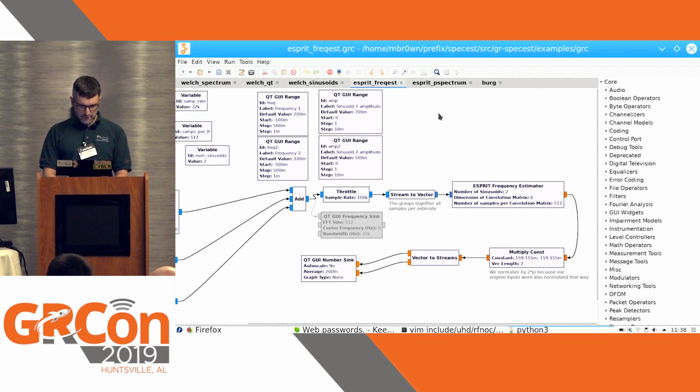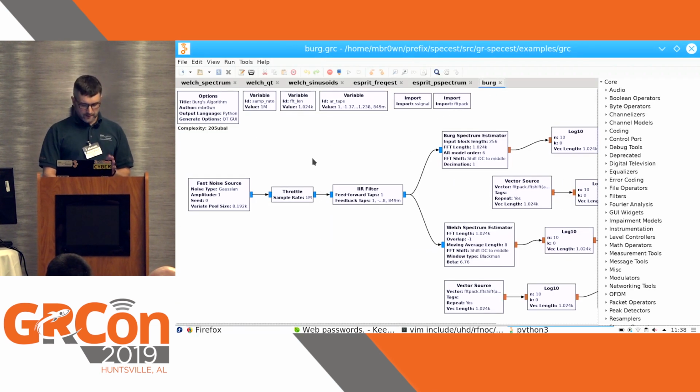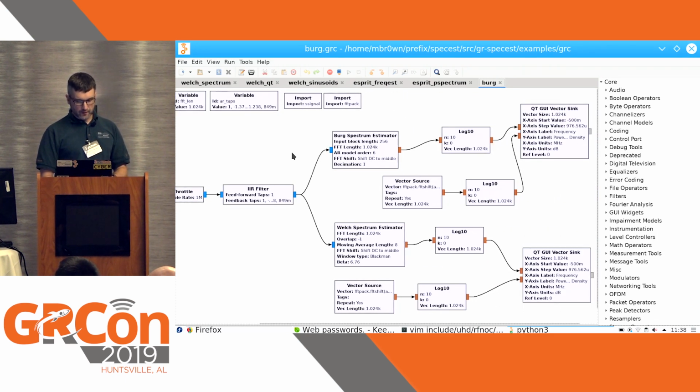I hope I can visualize this well enough for you guys. So here's a flow graph. I'm literally producing noise. I'm sending it through a filter. It's an IIR filter in this case, so it's an autoregressive model. And I will show you the actual spectrum, the output of this. But also, I'm going to use this, which is the Burg spectrum estimator, Burg's method of spectral estimation.